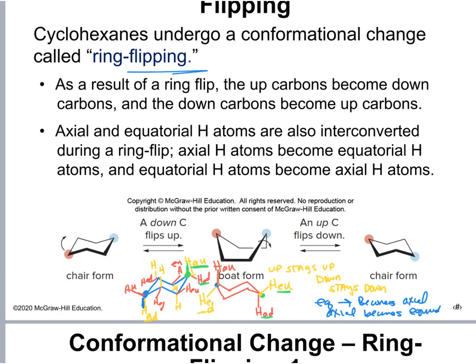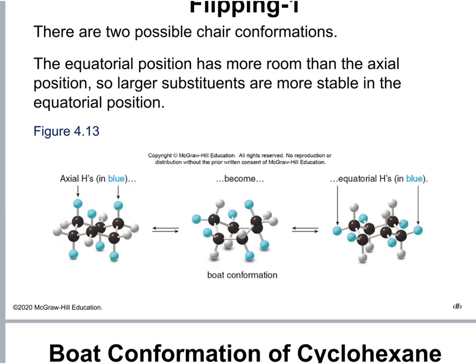See, down stays down, but axial becomes equatorial. Up stays up, but equatorial becomes axial. And that's what happens when you flip them. That's what it's saying here. And so you're going to have to draw that and show that you can flip those.